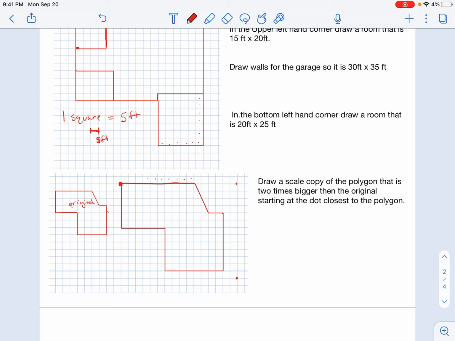Similar with the house, we drew the house floor plan following what the scale factor was, which was 5 feet for 1 block. And then the last one, this was just in general understanding that if you're going to double something, you just have to double every length in it. So that is just a recap of scale.